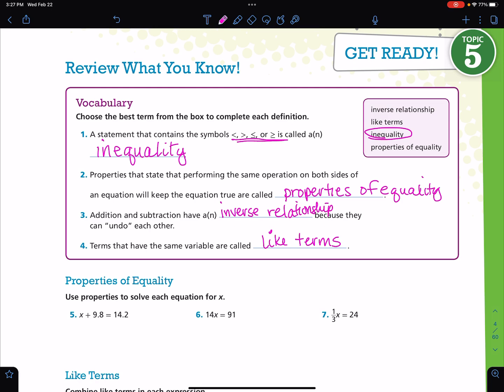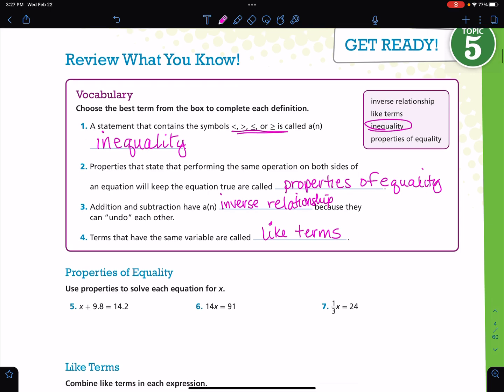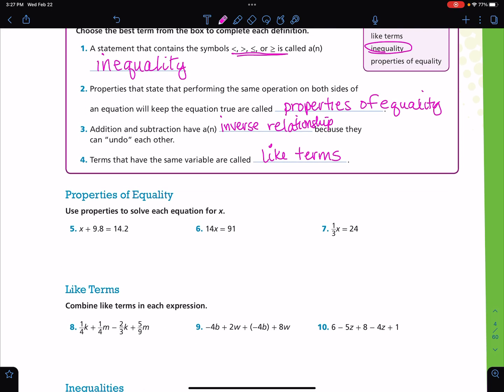So we're going to do a few equations just to get warmed up. We're going to use properties to solve each equation for x. These are one-step problems. So in this case, I'm going to use the inverse of addition, and I'm going to subtract 9.8 from both sides. That makes this 0.